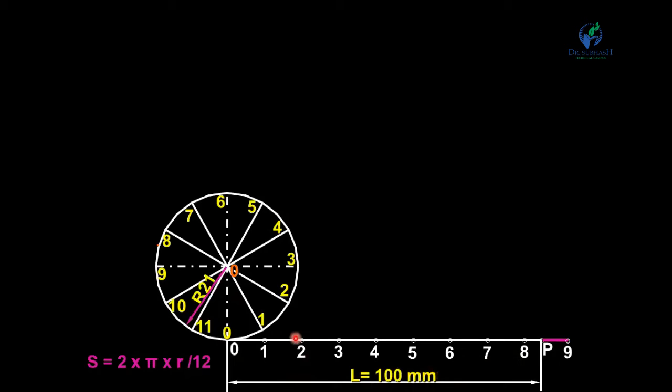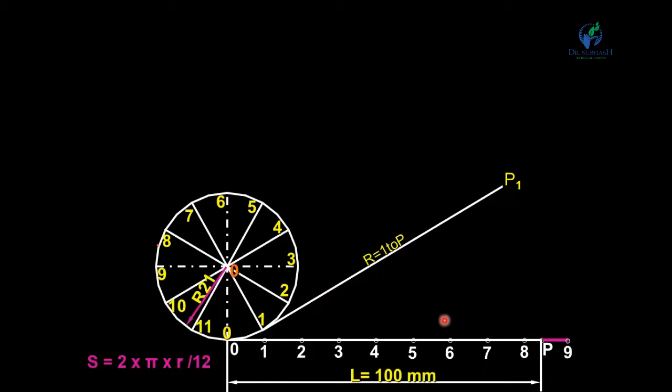Now we have to wind this string on this circle. For that, first of all, draw a tangent at point 1. Now with 1 as the center and radius equal to 1 to P, draw an arc, and you will get the point P1 here.